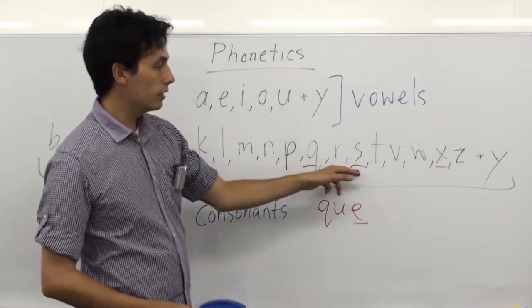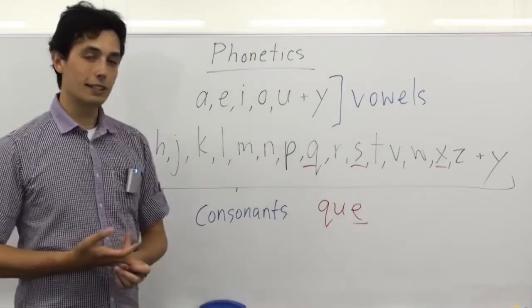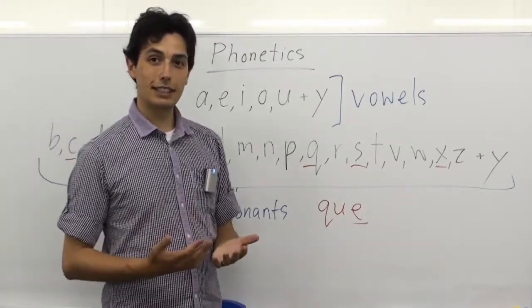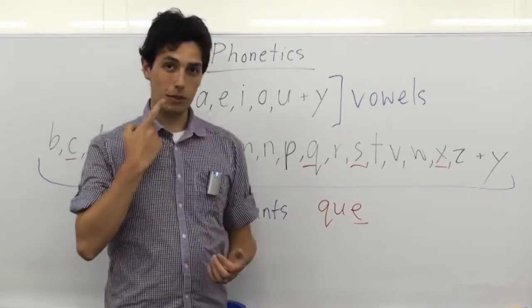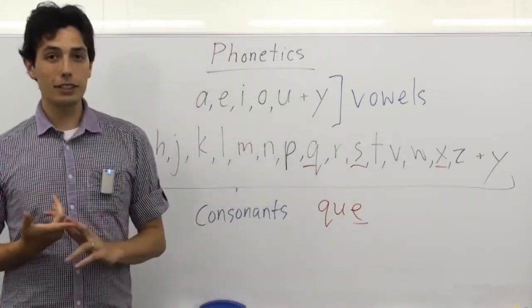And for S, we have what's called voiced and unvoiced. When it's unvoiced, it's just S, comes from your mouth, your teeth, and your tongue. When it's voiced, it comes from here.